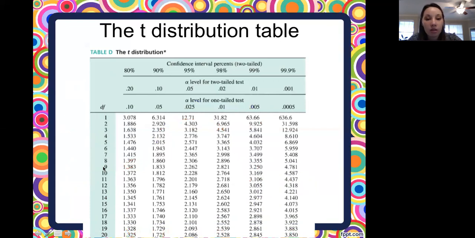Some other pieces of this. We have a two-tailed test alpha level, and we have a one-tailed test alpha level. This will make more sense as we move through the chapter, but let me draw that out so we can visually see what I'm talking about. Okay, here's our curve.